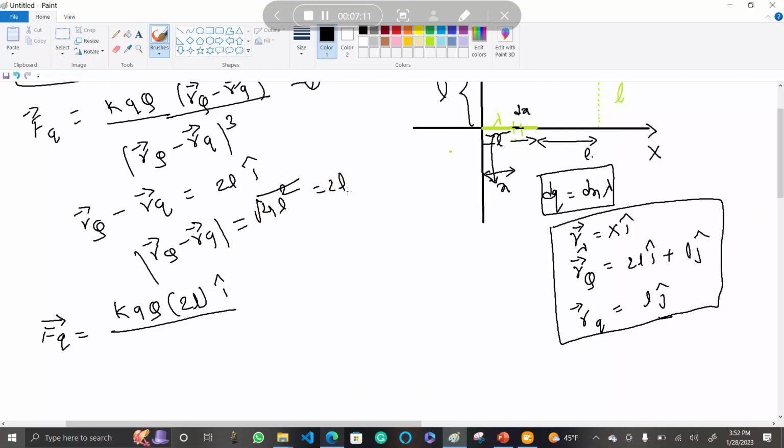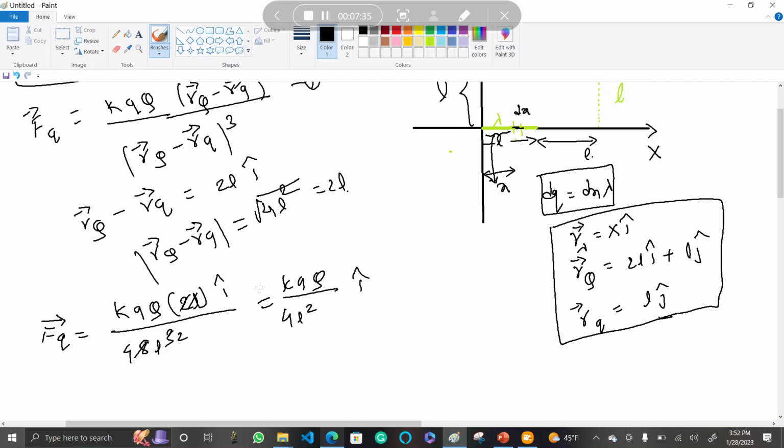Root under 4l, 2l, this is 8l cube. We can cancel this out as 4, kqq' by 4l square.